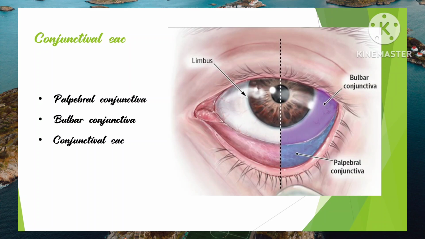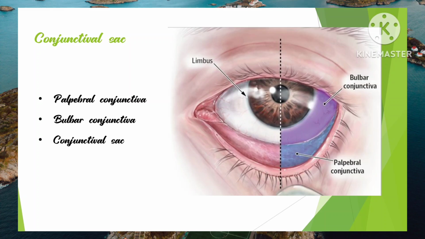The part of the conjunctiva which lines the inner surface of the eyelid is called the palpebral conjunctiva, and the part which lines the eyeball is called the bulbar conjunctiva.